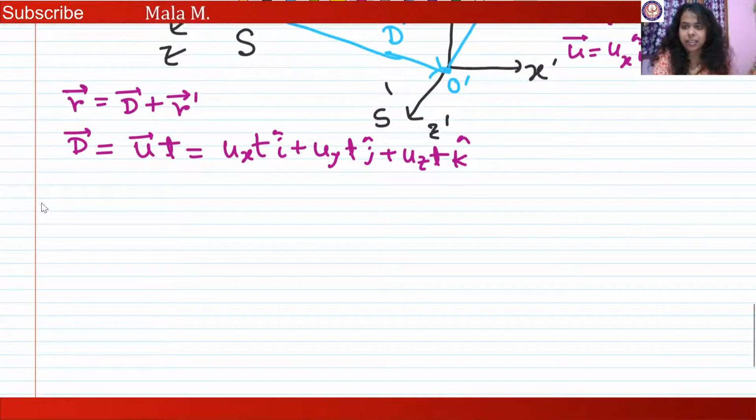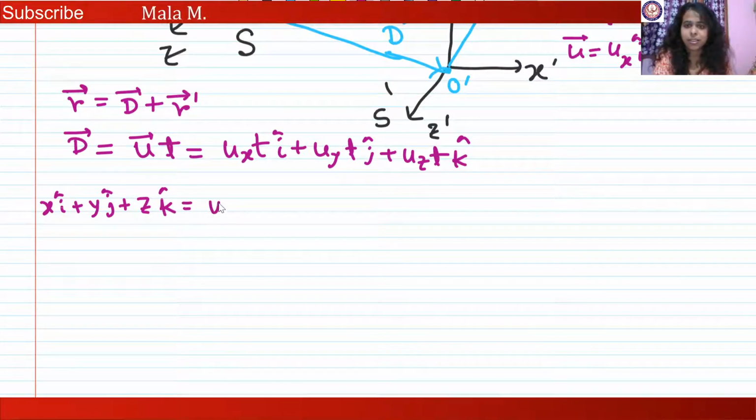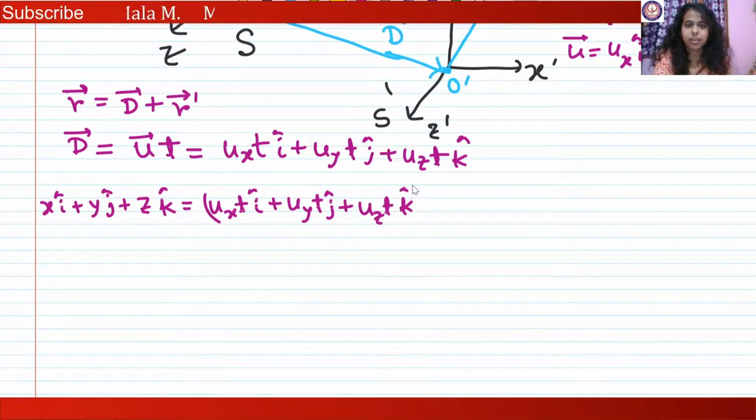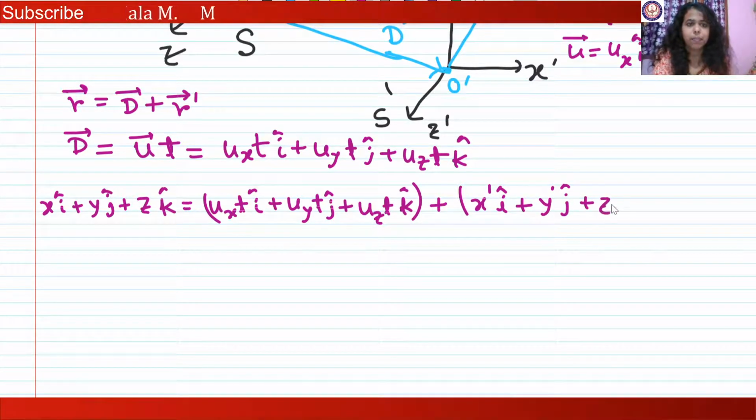So you can write xi plus yj plus zk is equal to ux t i cap plus uy t j cap plus uz t k cap plus x prime i cap plus y prime j cap plus z prime k cap.